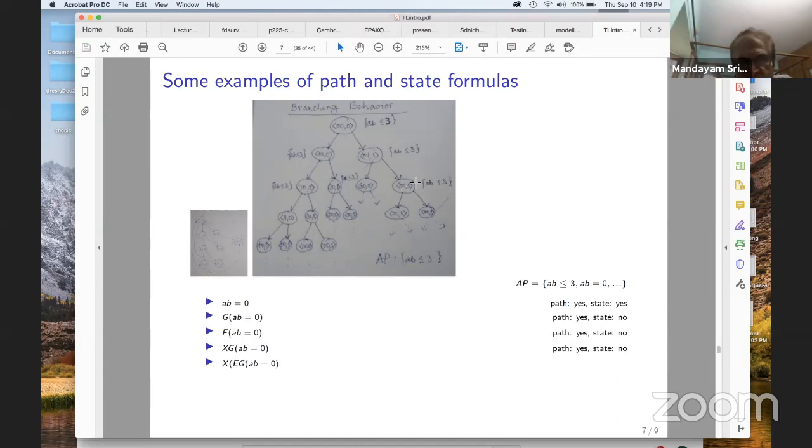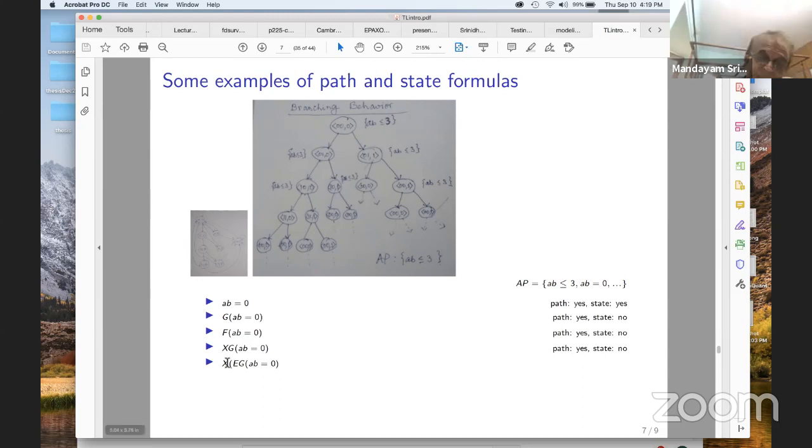It is true of this state as well, the one that I'm pointing out. I'm assuming the cursor is clear. It is true there because whenever I say G, it has to be continuously true, starting from the first state itself. So it is certainly true of this state.